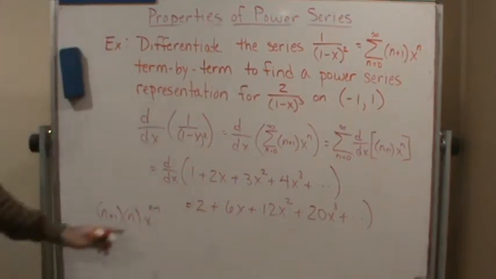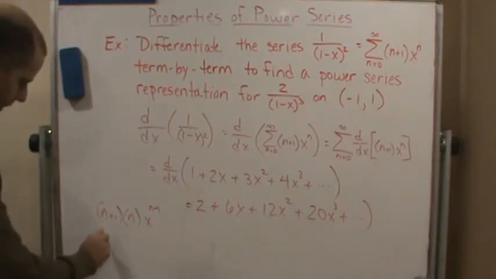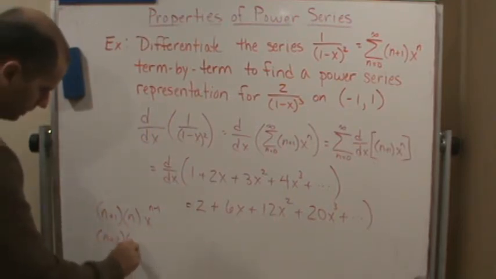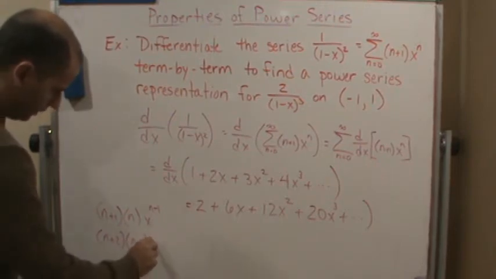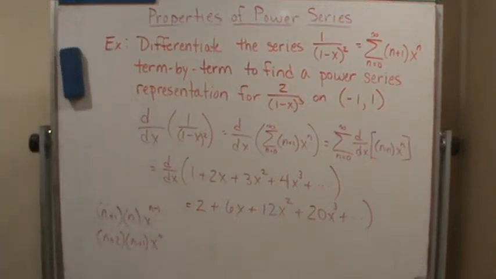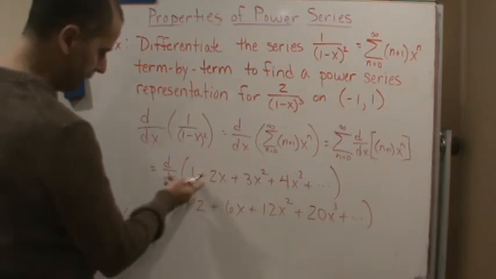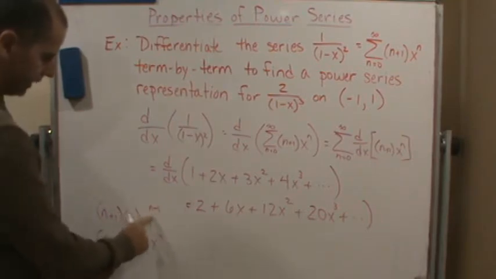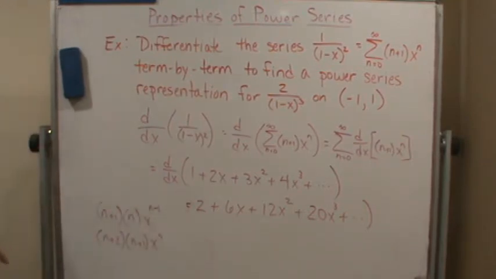I'm still going to have to add 1 to this one and this one, so I still get the same result: n plus 2 times n plus 1, x to the n. Because this becomes 0 and I don't need that first term. Plus, if n is 0, I get a negative 1 here, which I don't want.